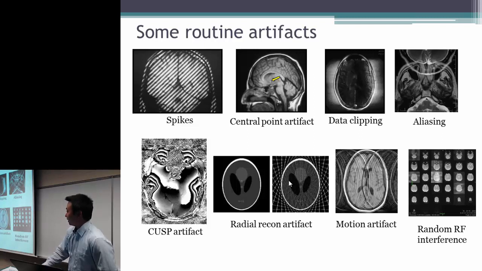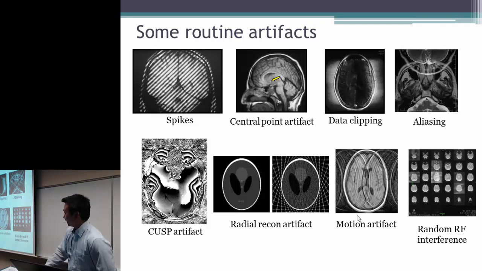If we have undersampled radial acquisitions, this kind of artifact can be seen on the radial acquisition images.